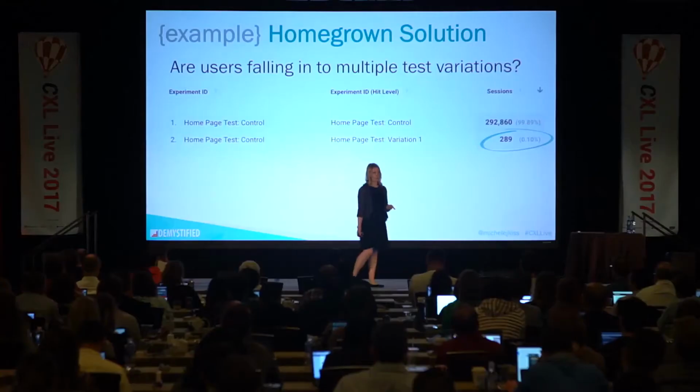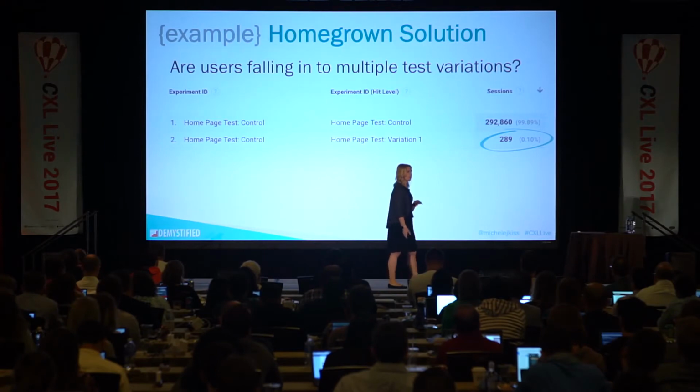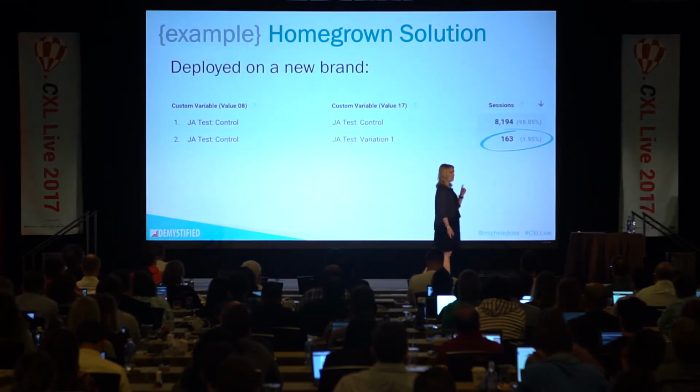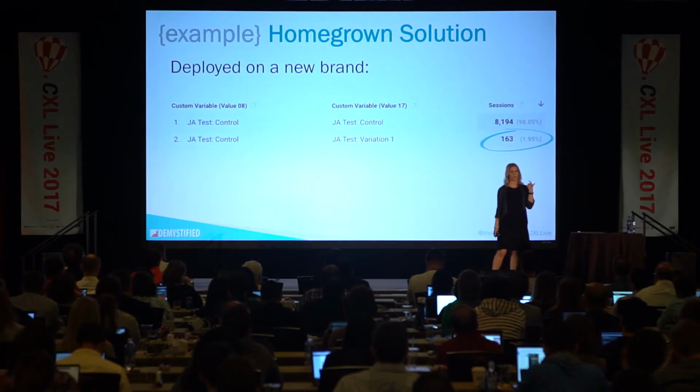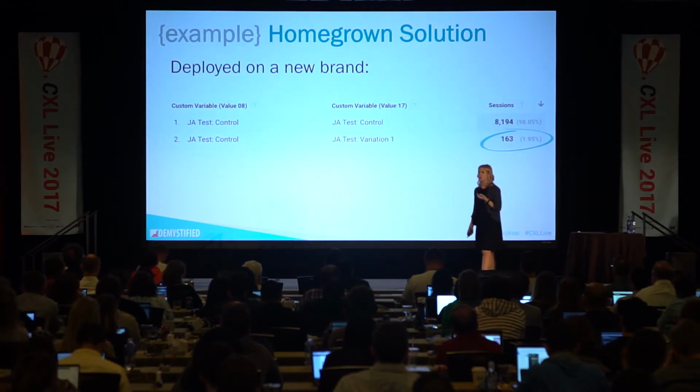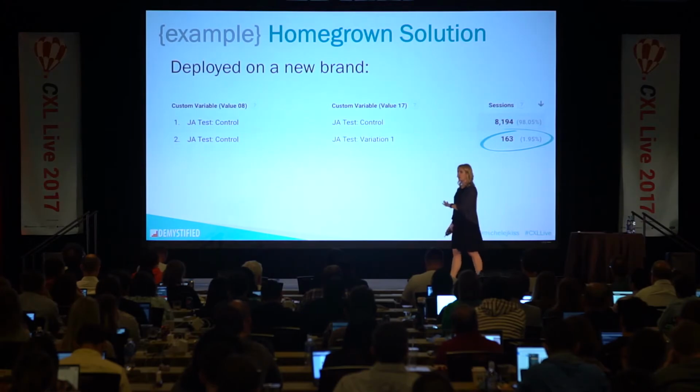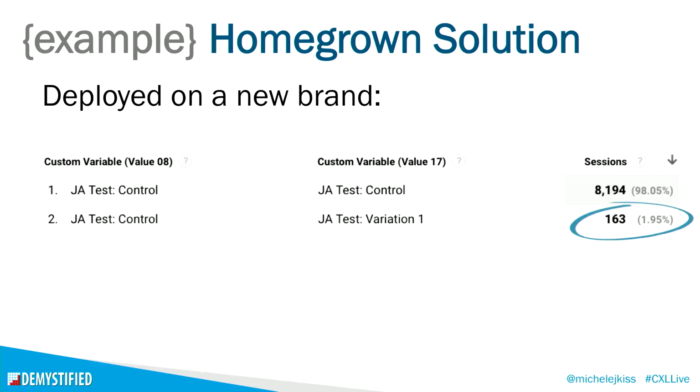So then this same company ended up extending this platform to a new brand. And unfortunately, hopefully you guys can see, but it was kind of almost zero, and now it's at about 2%. So we had issues where when this platform was deployed to the new brand, suddenly we were seeing a lot more overlap between test variations.